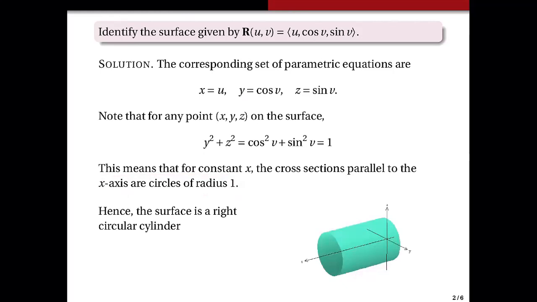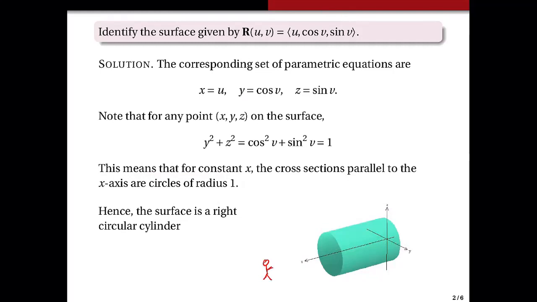Notice the x-axis is going that direction, the y-axis going this direction, and the z-axis going up. If you look at this view here, you should see a circle.